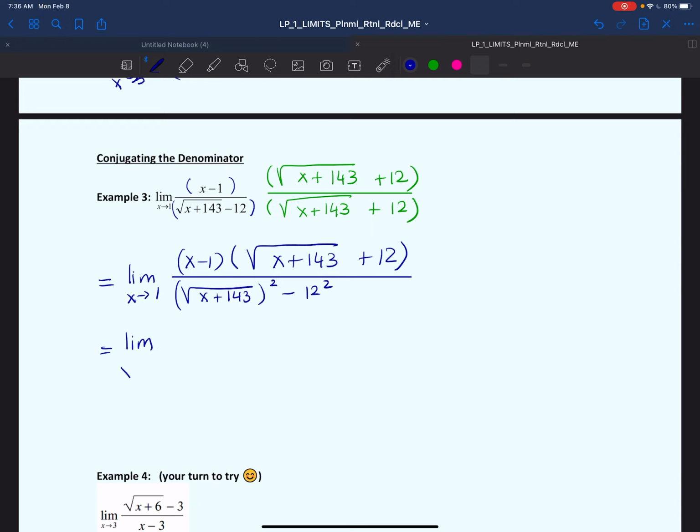So again, x minus 1, root of x plus 143 plus 12. Please do not expand in here. You will just complicate your life. And down in the denominator, now we have x plus 143 minus 12 squared, which is 144.